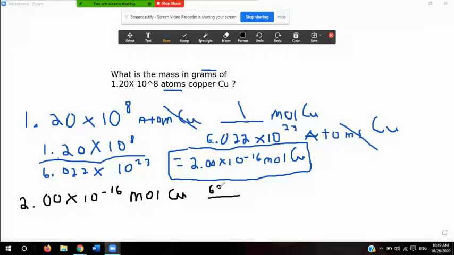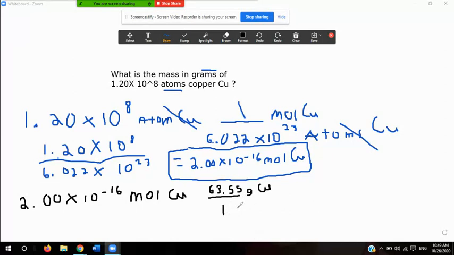Now I'm going from moles of copper to grams of copper, and this number in the periodic table is usually located beneath the chemical symbol, and you can make reference to the periodic table at the end of your textbook.